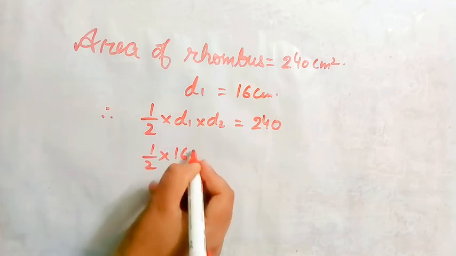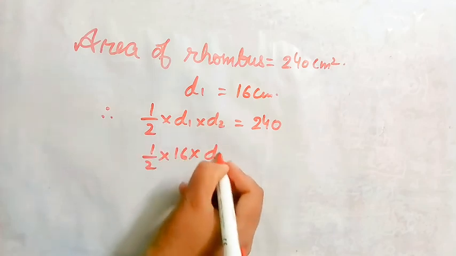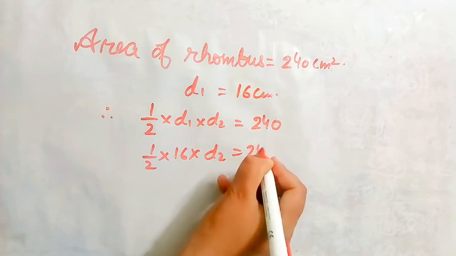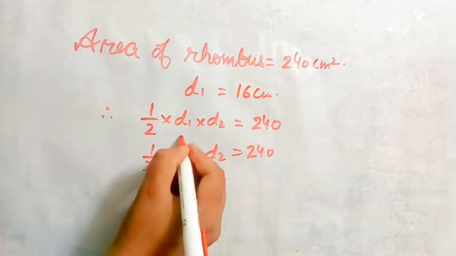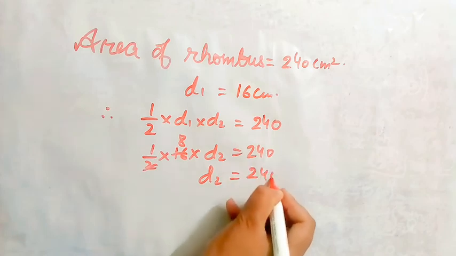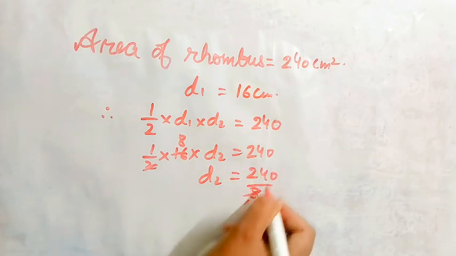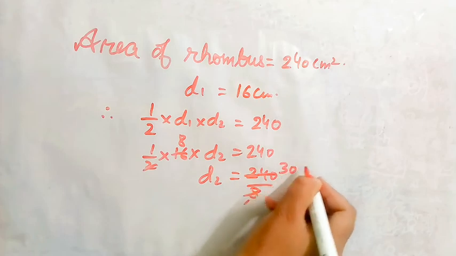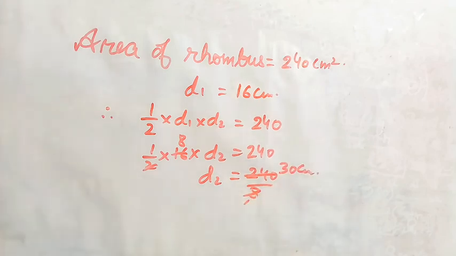One diagonal is given, so half into 16 into d2 equals to 240. 2 8s are 16. Take 8 to the right side and d2 will be 240 upon 8. So 8 3s are 24. This is equal to 30 centimeter.